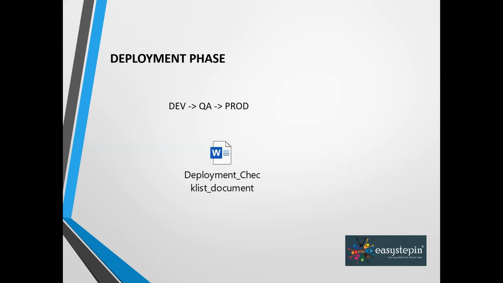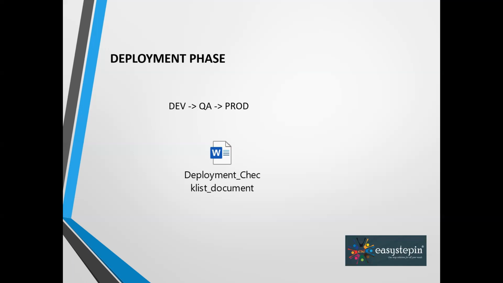Then the QA team will perform the SIT testing in the QA environment. Once the sign off is provided on SIT, UAT testing will be done in the QA environment itself. And the version that was approved will have to be deployed into prod. So this is the deployment process that will be followed.